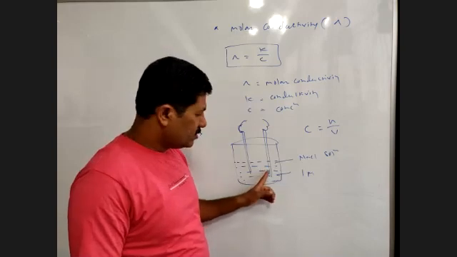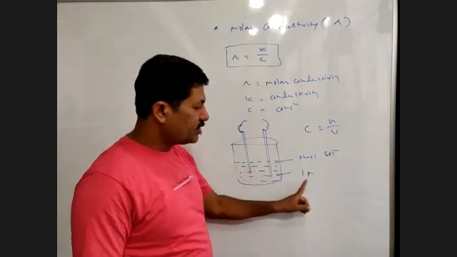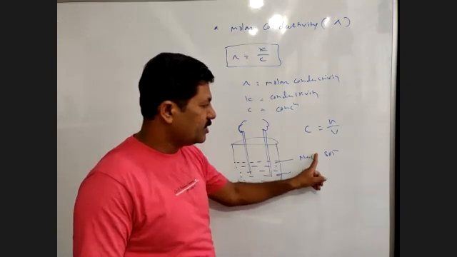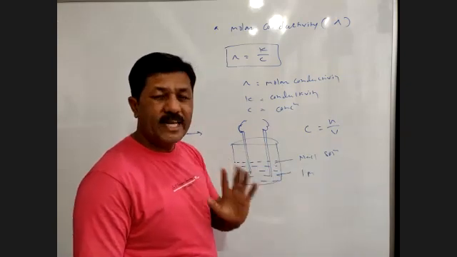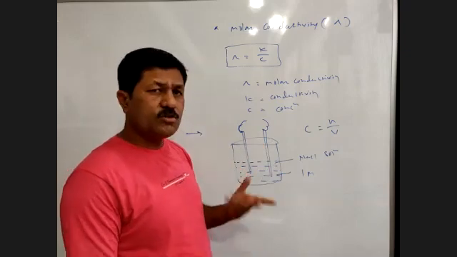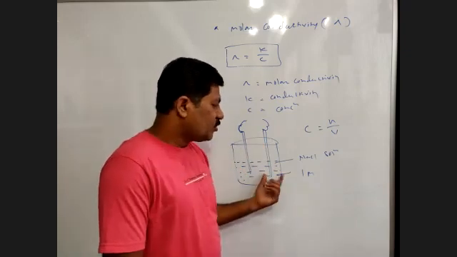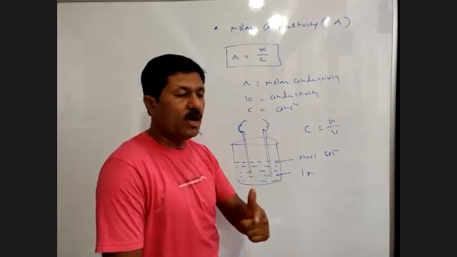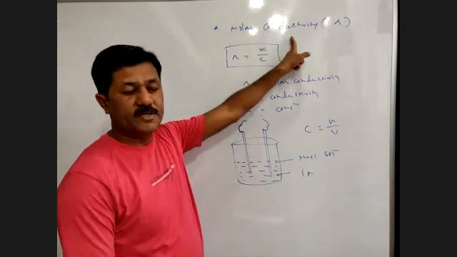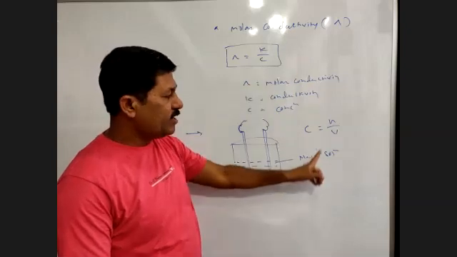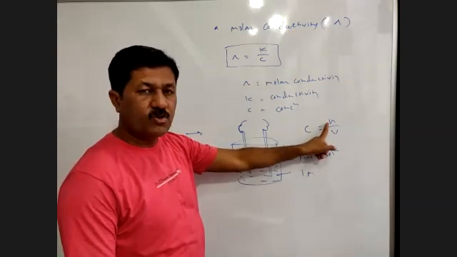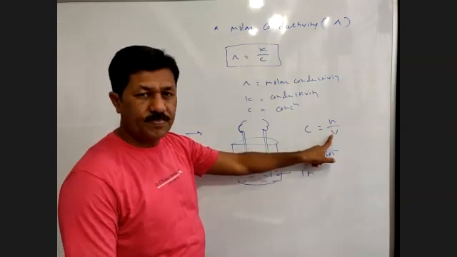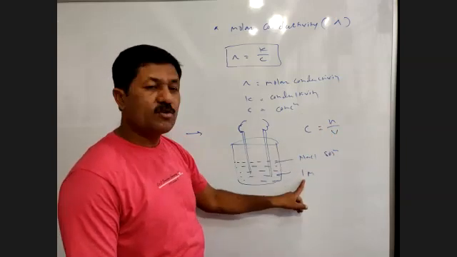So now this is the solution which is called 1 molar solution. That means 1 mole of solute is put into 1 liter of water or solvent, whatever the solvent, and this is called a 1 molar solution. And whatever the conductivity of this solution is, that is nothing but the molar conductivity. The reason behind that: 1 mole of electrolyte is dissolved into 1 liter of water, and that concentration becomes 1 molar concentration.